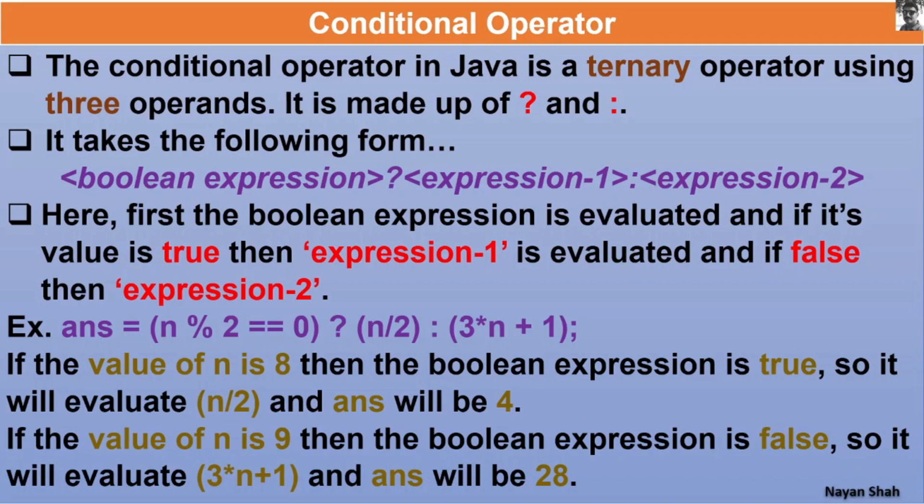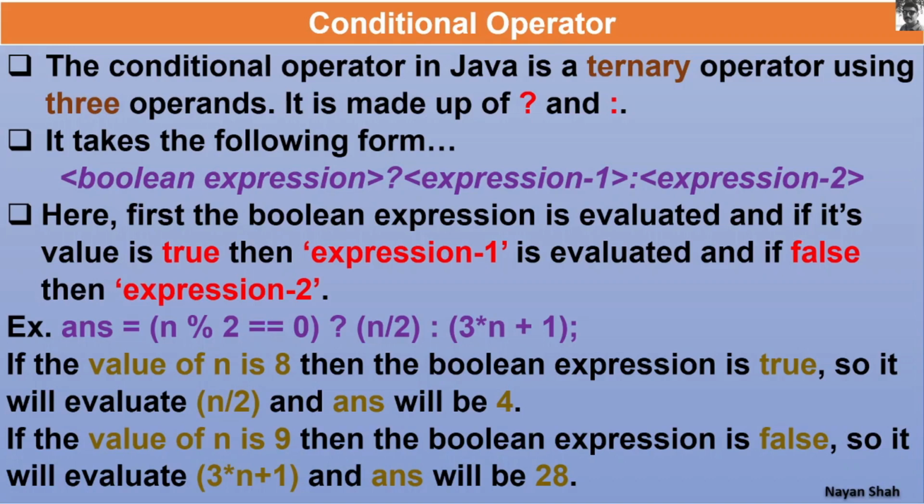So 8 divided by 2, remainder is 0. So the condition is true. The Boolean expression results in true, and since it is true, it will execute expression 1, that is n / 2. So 8 / 2, and answer will get the value 4.